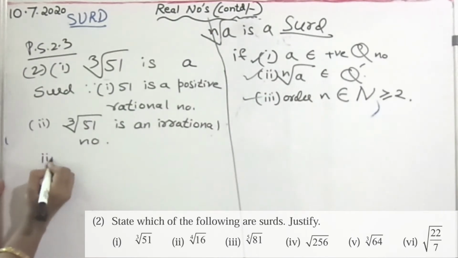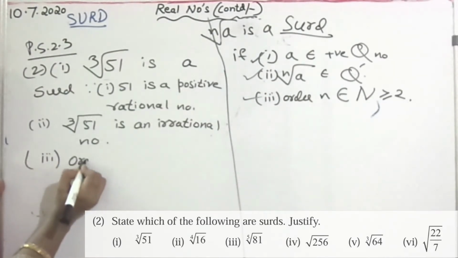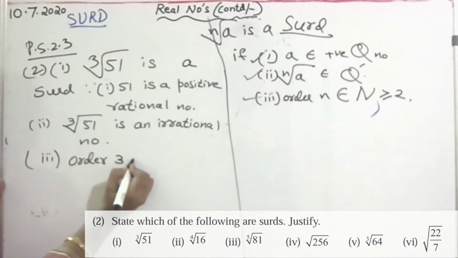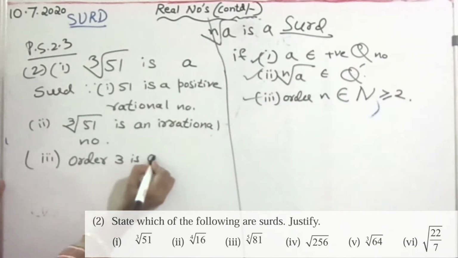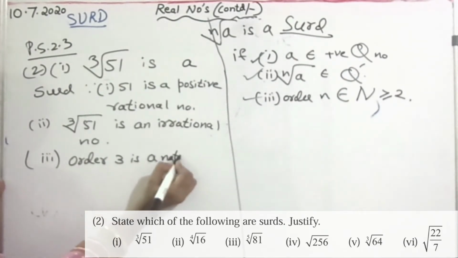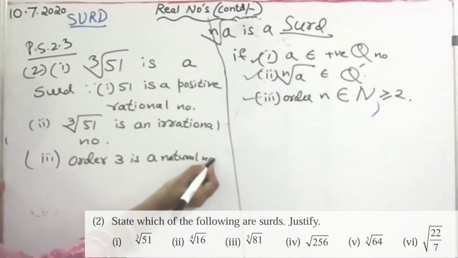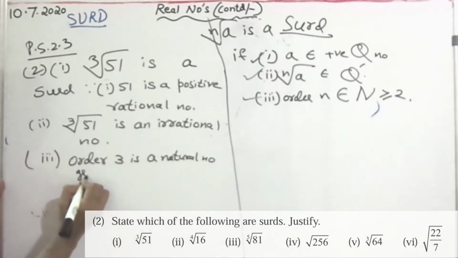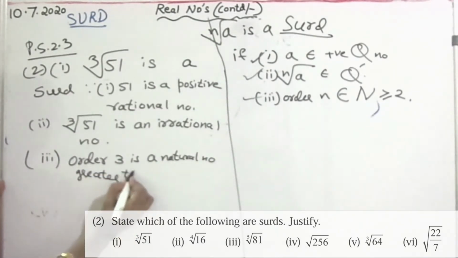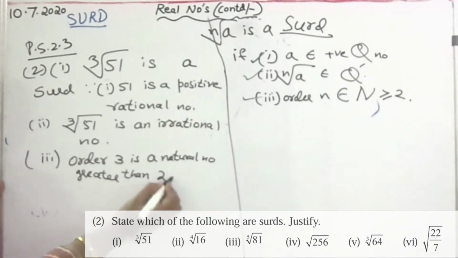And the last, order 3 is a natural number greater than 2. Okay. So now it's satisfying the three conditions. Therefore, it is a surd. Understood? Copy it.